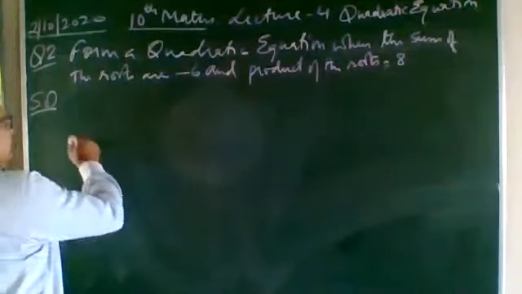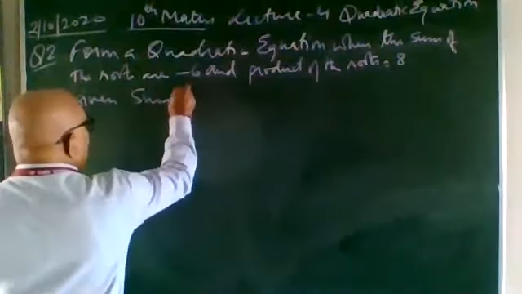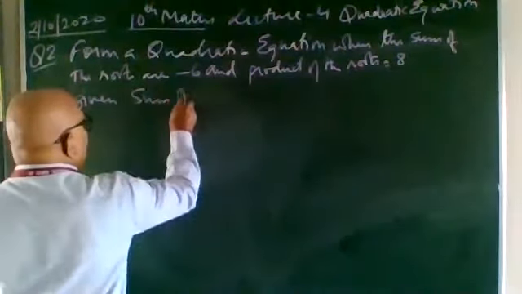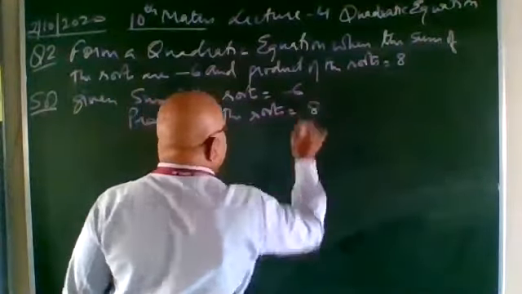So here it is given sum of the roots is -6, product of the roots is 8.